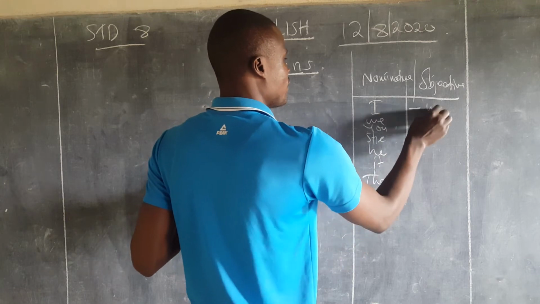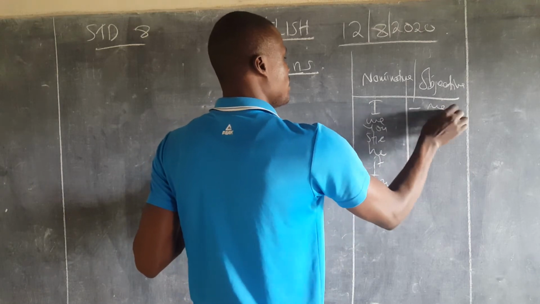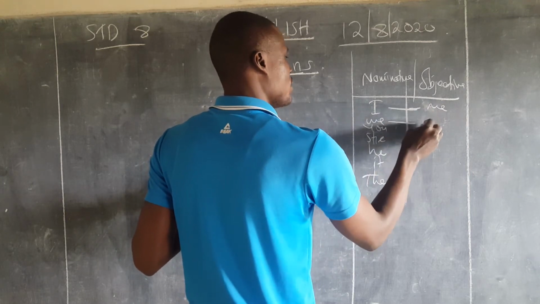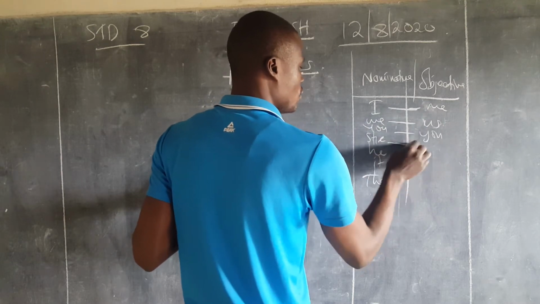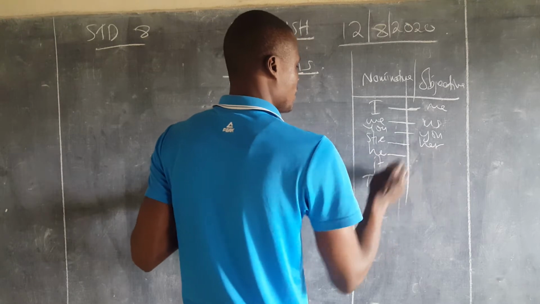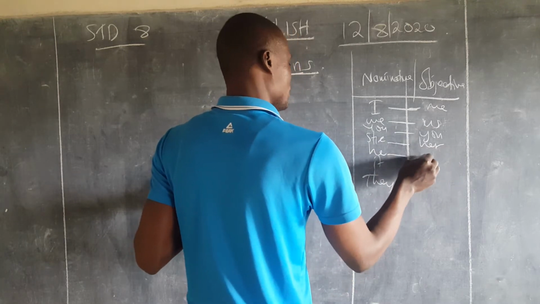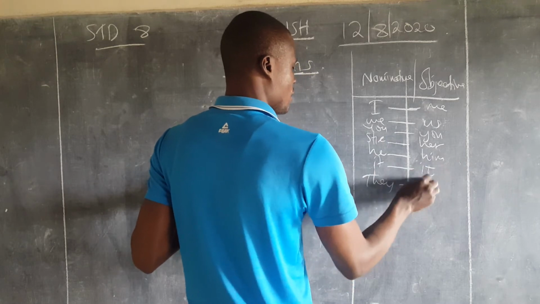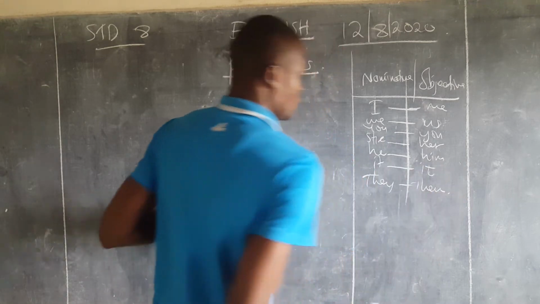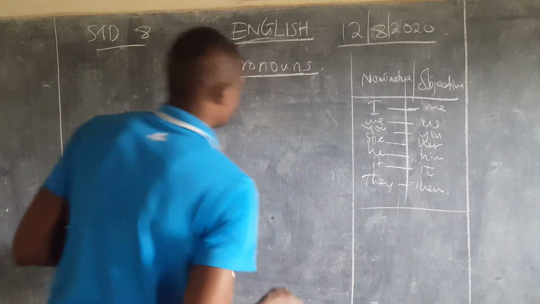On this side we have I becomes me, we changes to us, you is just you, she is her, he is him, it, and they becomes them. So now let's go to the sentences and see.